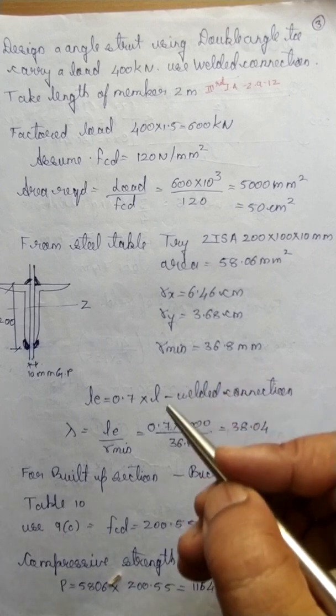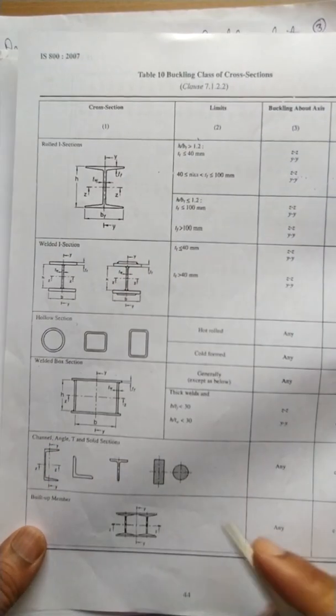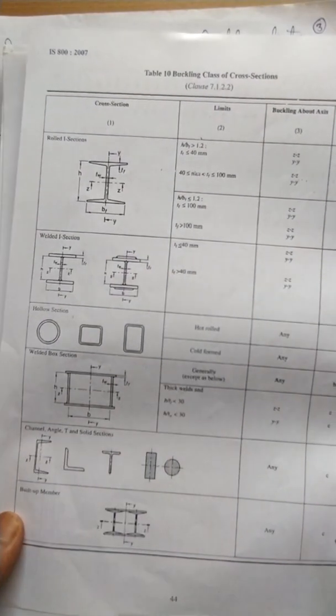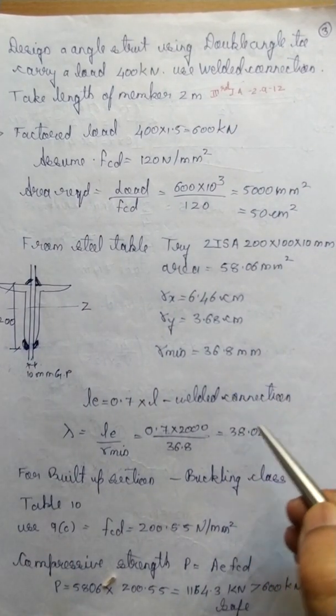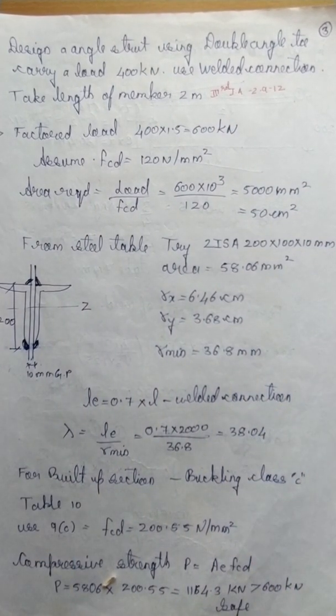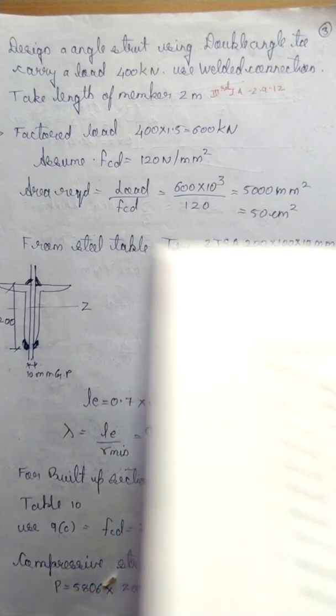Now here there are more than two sections. So if you happen to see the table number 10, the classification works out to be buckling class C, as it is a built up section. You can see for built up member it is classification C, and lambda value is 38.04. So let us refer the table number 9C and find out what is the value of FCD for 38.04.